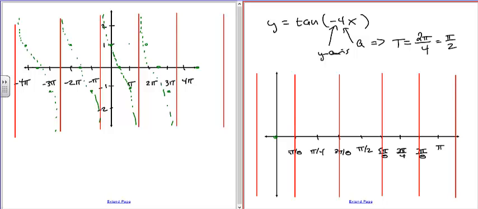Okay, so a normal tangent function would start down and then move upward from left to right. So it would kind of look like this.